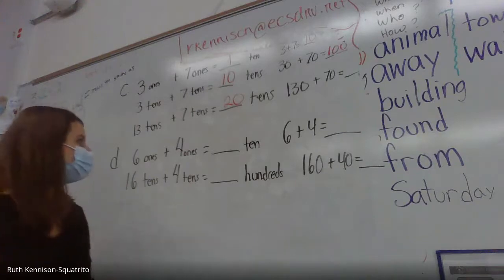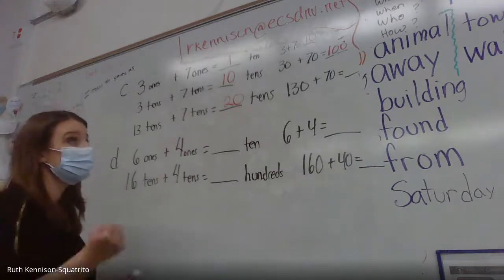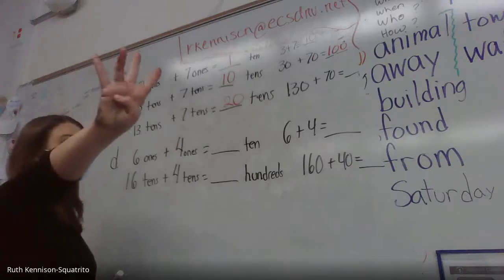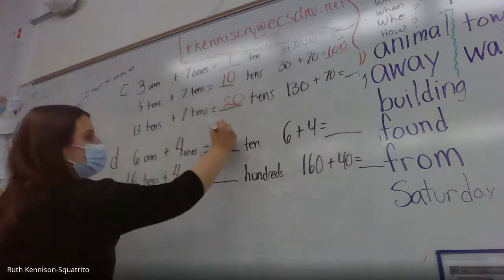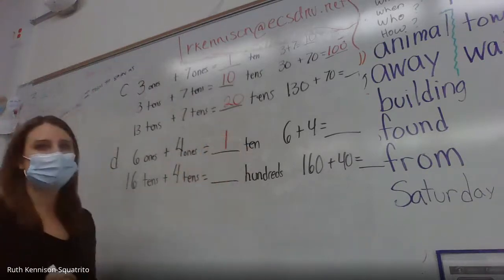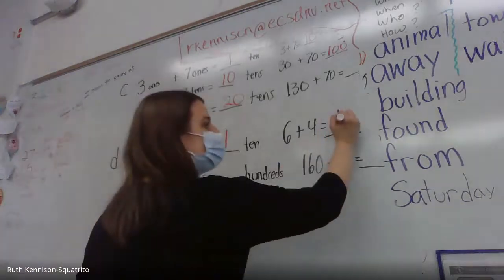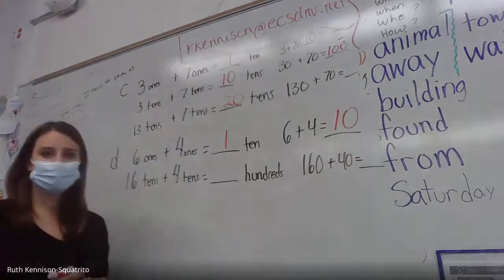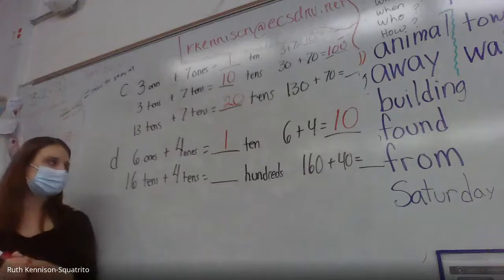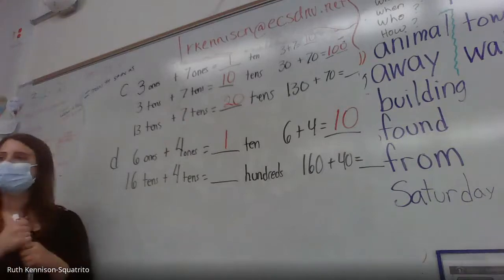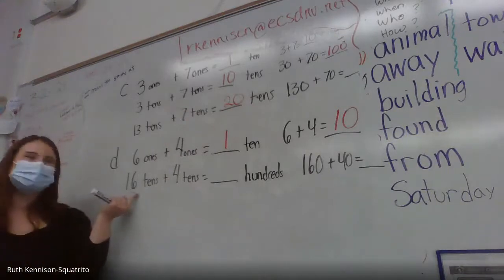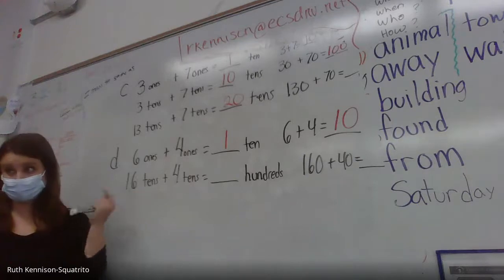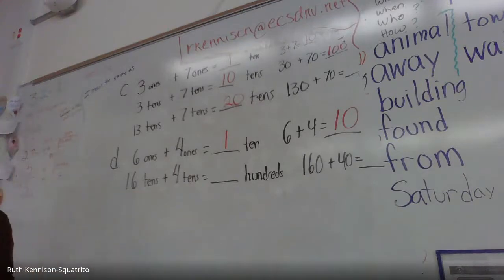Thank you. 6 plus 4 equals 10. 6, 7, 8, 9, 10. Okay, so now be very careful. It says 16 tens plus 4 tens.